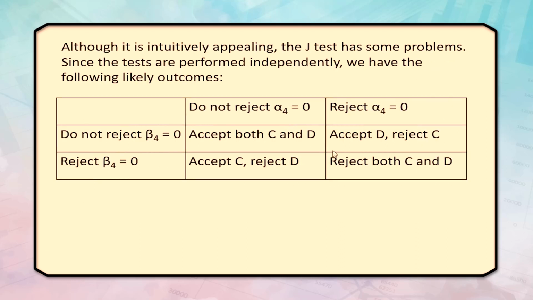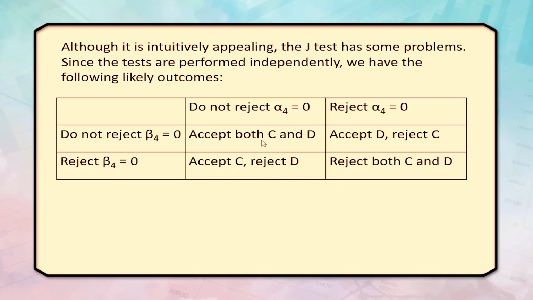So, these are, my dear students, some of the tests in the discerning approach. Here also we have 4 possibilities, and you can see the column headings are: do not reject alpha 4 equal to 0, reject alpha 4 equal to 0, whereas the row headings are: do not reject beta 4 equal to 0, reject beta 4 equal to 0.